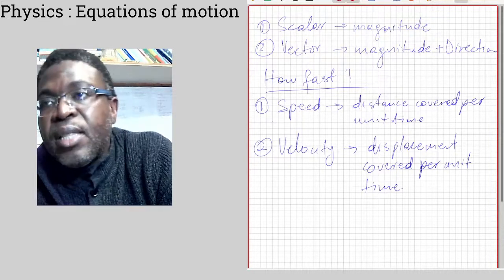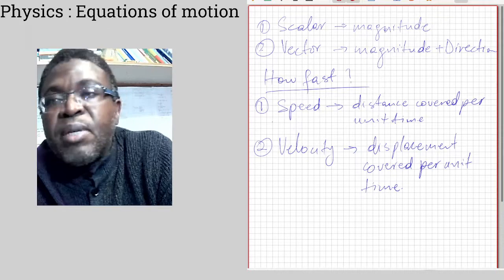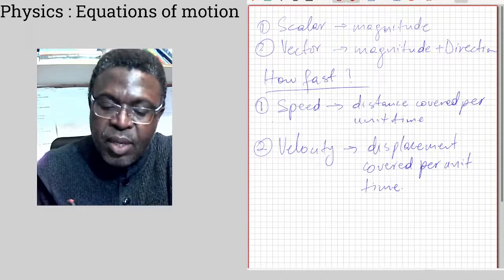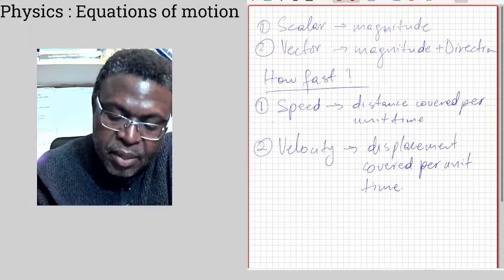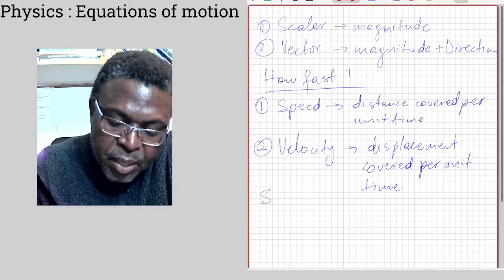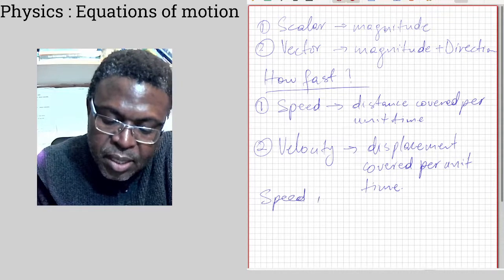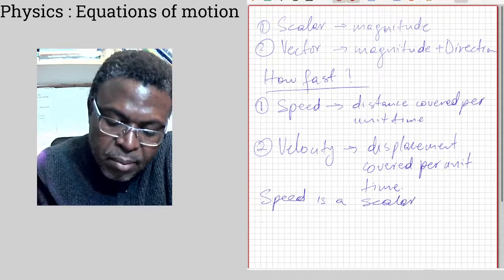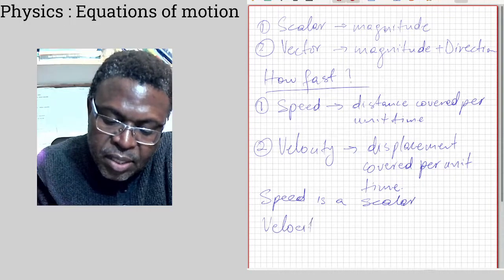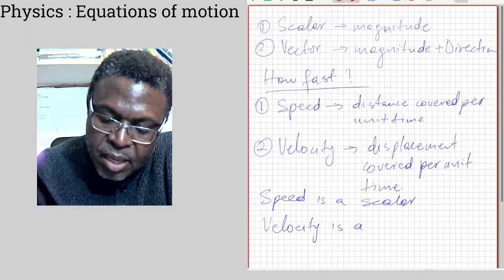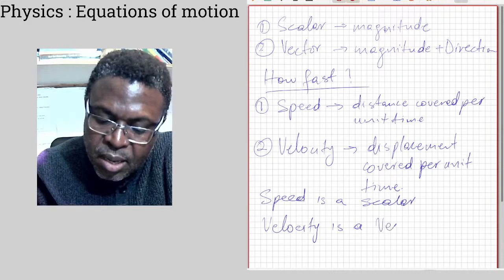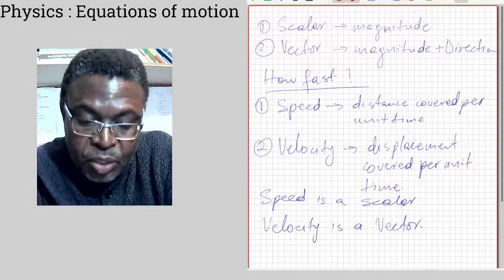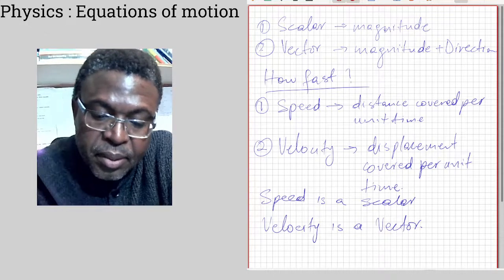So you can say that you are moving at 10 meters per second north. So that's the difference. So you must remember that. A speed is a scalar. Velocity is a vector. This should be clear.